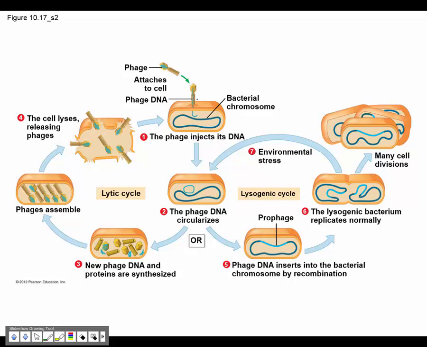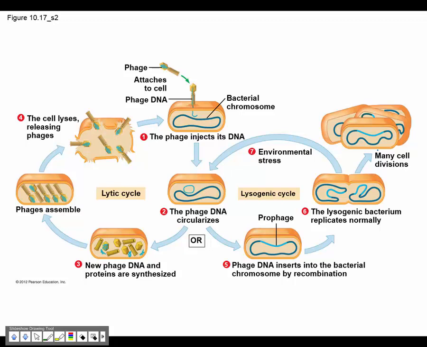So the phage comes in, inserts into the bacteria, and then it gets recombined into the bacterial cell DNA, and so every time it splits, that virus DNA is in there, and at any time could be produced to kill the bacteria.